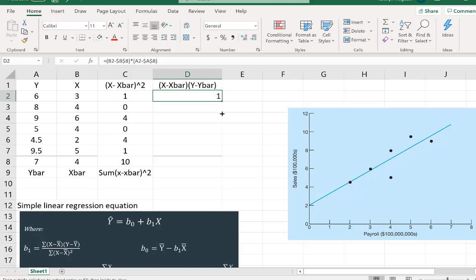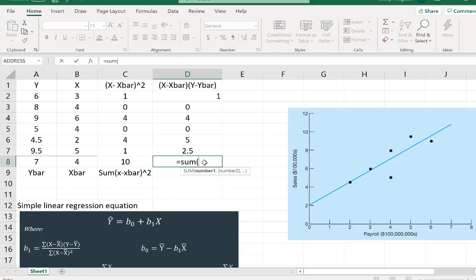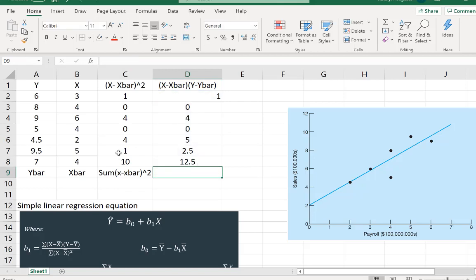Now I can click on the corner, drag all that down. Again, I like it centered. You can leave it how you would like it. Now looking down at my calculations, for that B1 calculation, we need the sum of all that. So equals sum of all those numbers, forgot to center that one, close parentheses, enter.